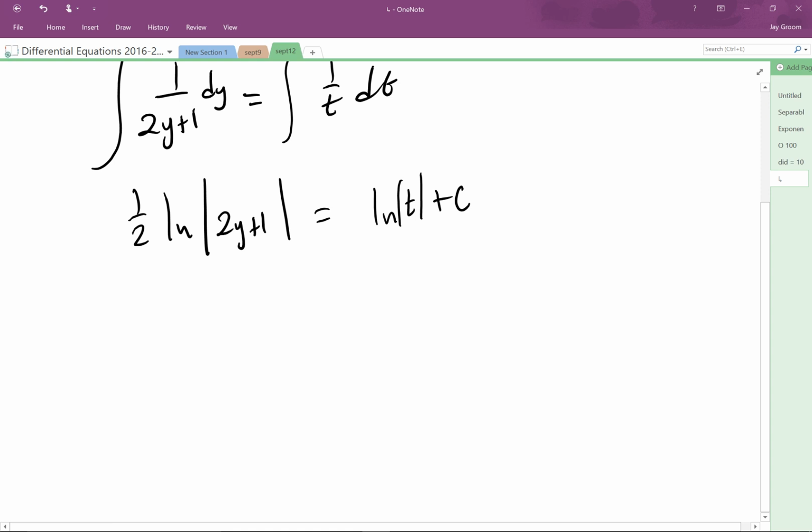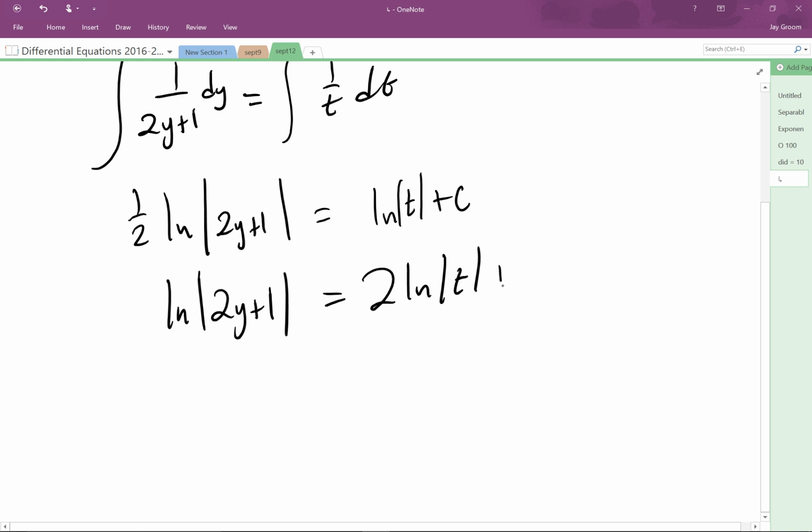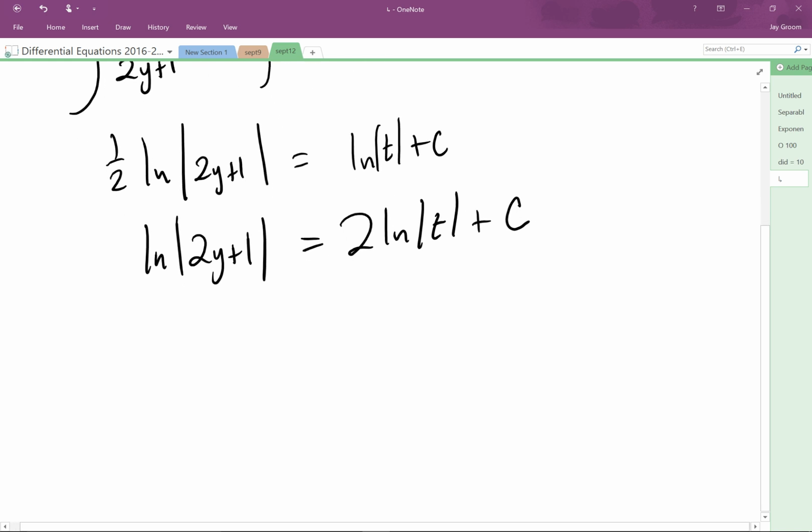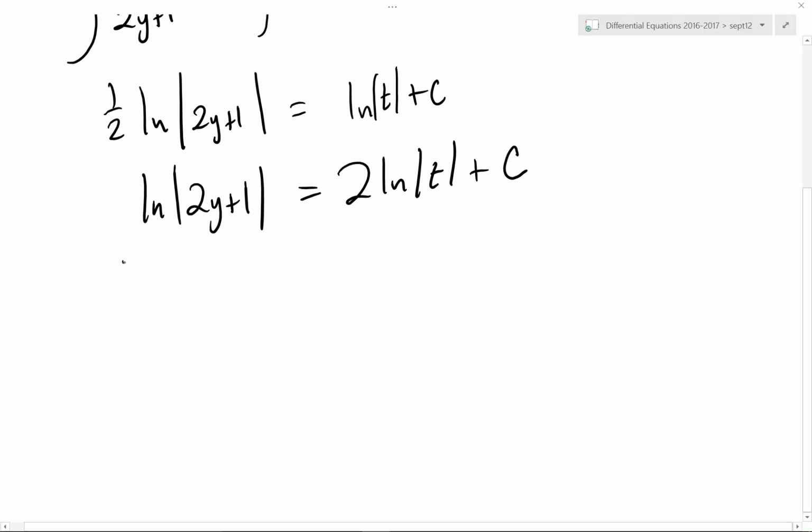So I'm going to multiply both sides by 2. So the ln of 2y plus 1 is 2 ln of t plus a constant. Let's exponentiate, shall we? How do I exponentiate this?